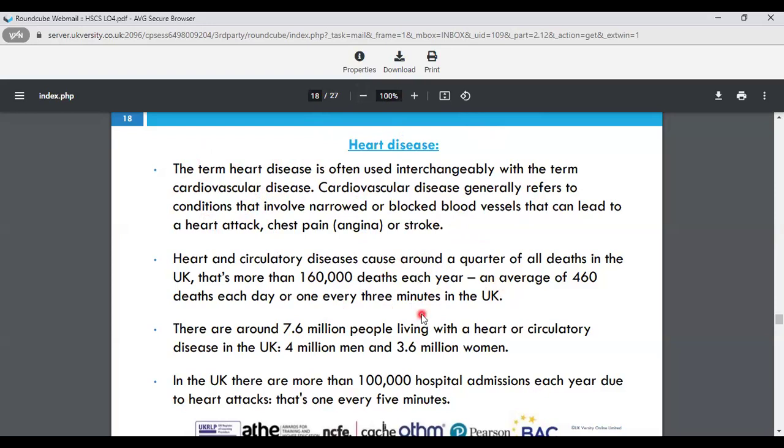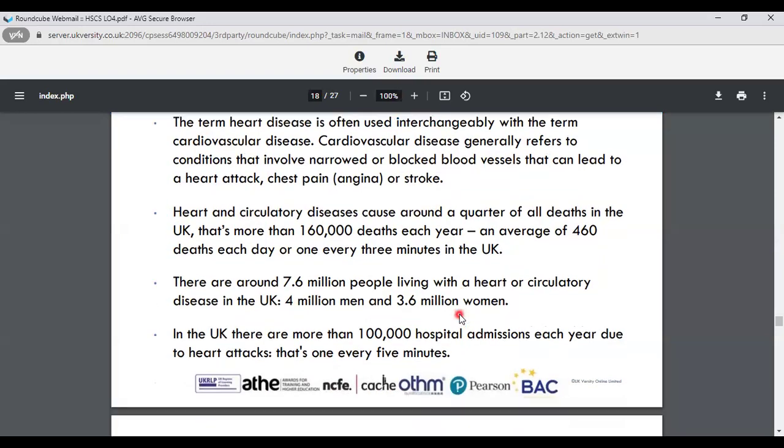each year. So an average of 460 deaths each day, or one every 3 minutes in the UK. There are around 7.6 million people living with a heart or circulatory disease in the UK, 4 million men and 3.6 million women.